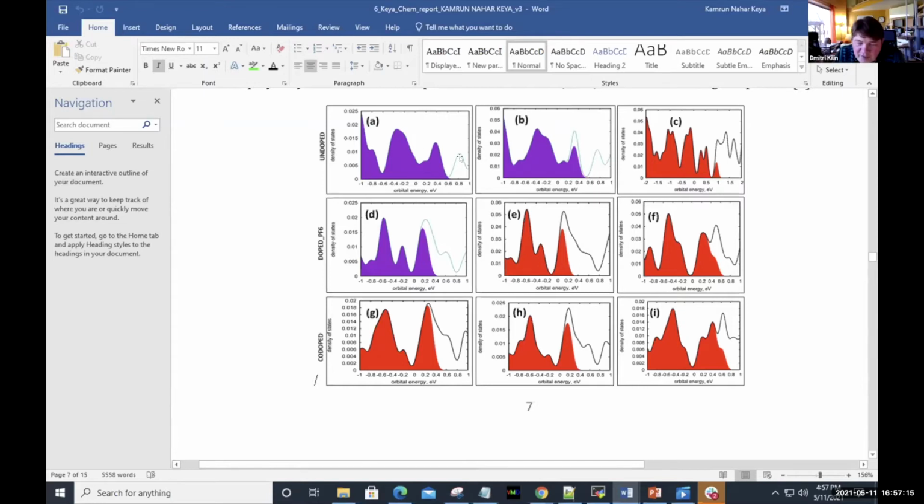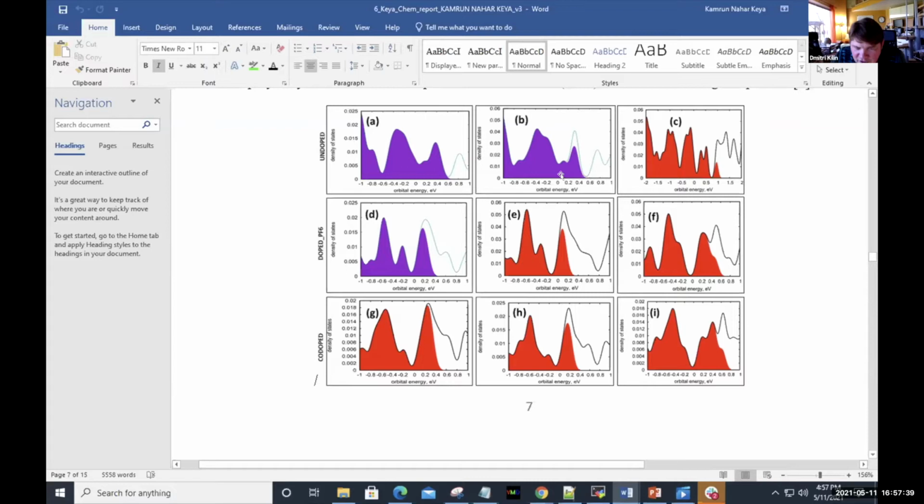Okay, and maybe Amir wants some rule of thumb. So if white and filled areas coincide, it is a conductor. If white and filled areas are offset, it is more insulating. Okay.